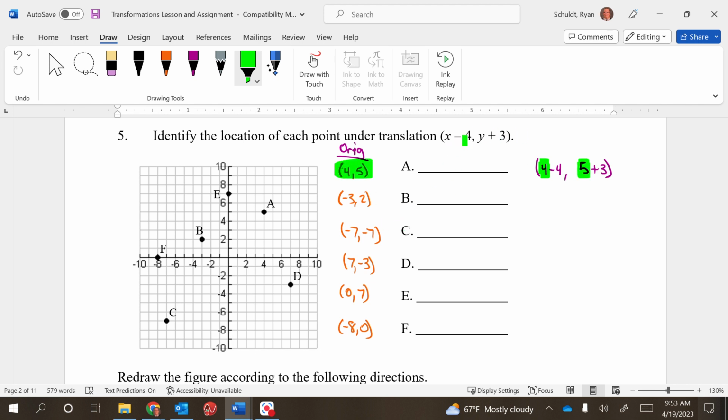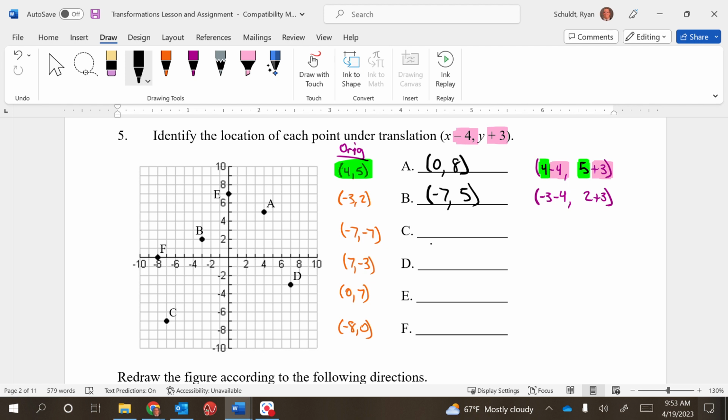The minus 4 and the plus 3 came from the translation. 4 minus 4 is 0. 5 plus 3 is 8. Okay. Negative 3 minus 4, 2 plus 3. Negative 3 minus 4 is negative 7. 2 plus 3 is 5.